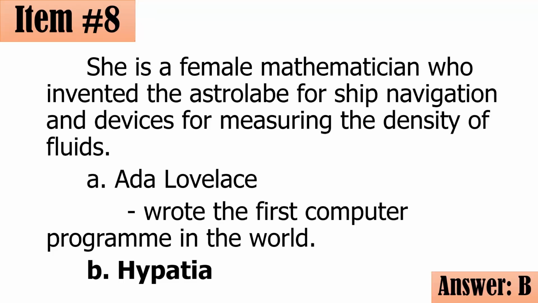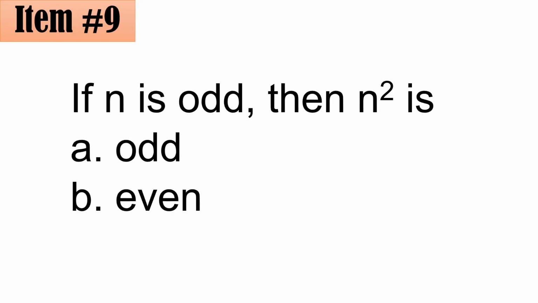Okay. Number 9. If n is odd, then n squared is it odd or is it even? A odd or B even? Maki-comment po. Okay, according to Sir Jason and many of you, it is letter A, which is odd. Sure ba yan? Let's see kung tama.